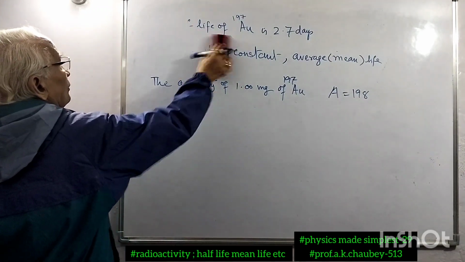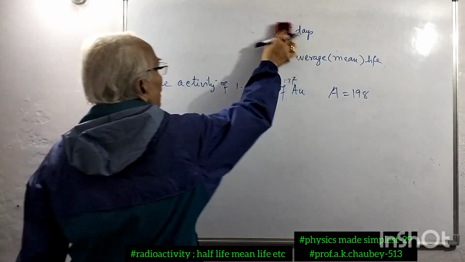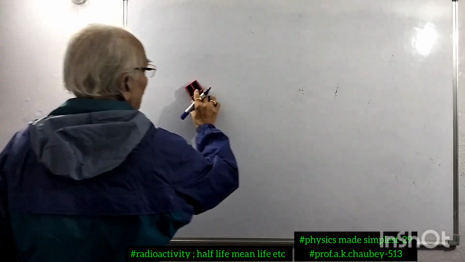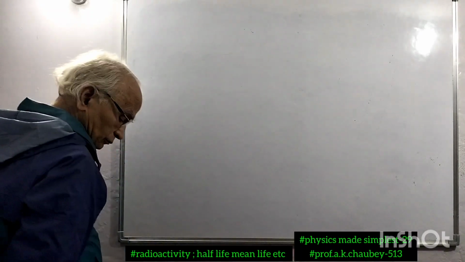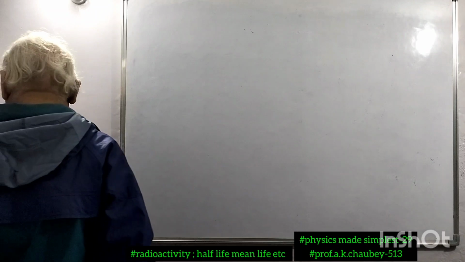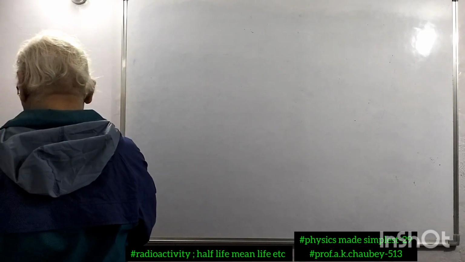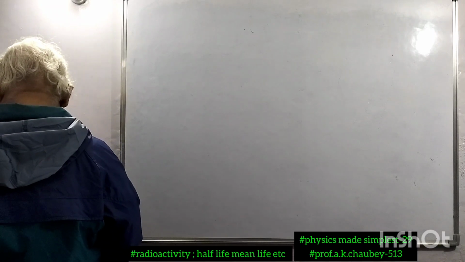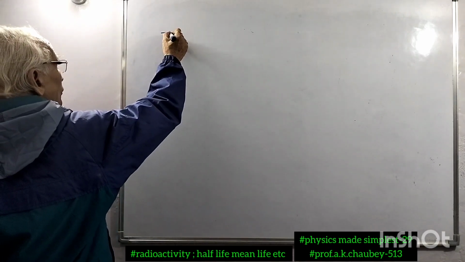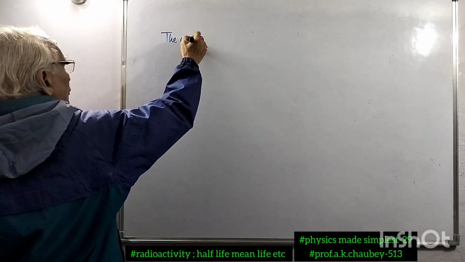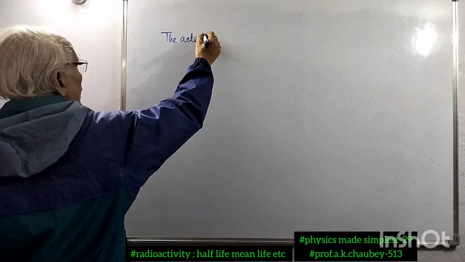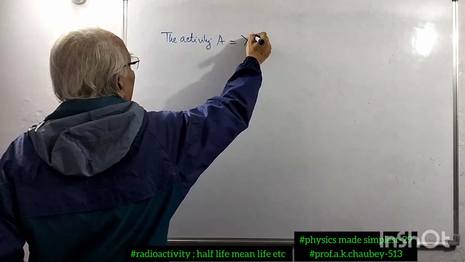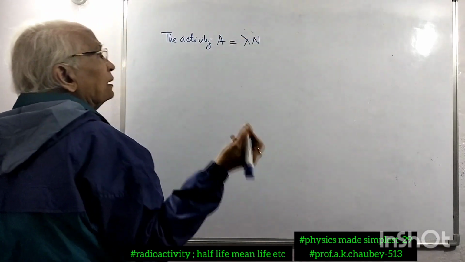The activity A is lambda into N. The minus sign just gives the decrement.